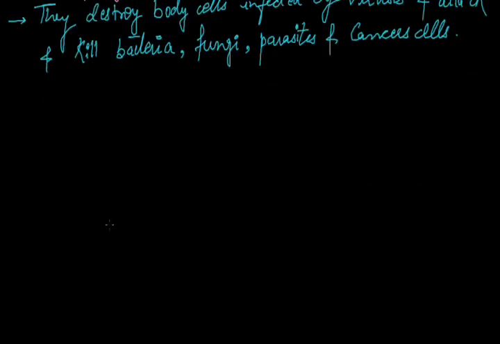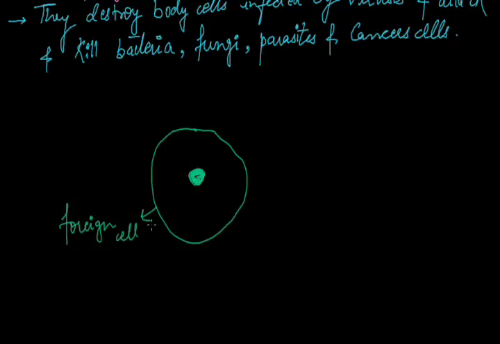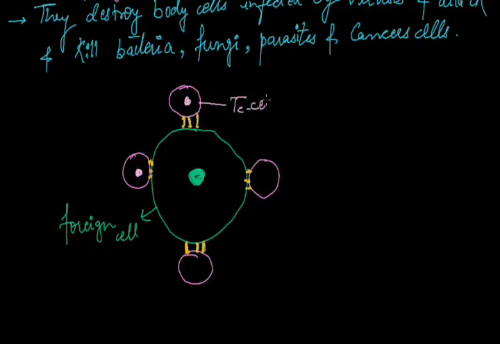Now I'll show you diagrammatically how this killing of foreign cell occurs by TC cells. Suppose this is a foreign cell. Now the TC cell will bind to this infected or foreign cell by the specific antigen present on the surface of the foreign cell. This is the firm attachment of antigen with the receptors. These are the TC cells.